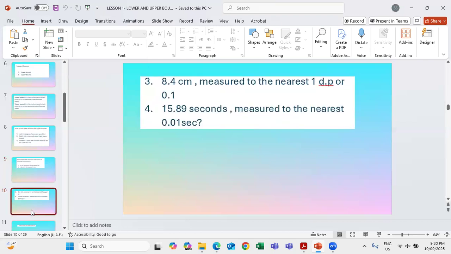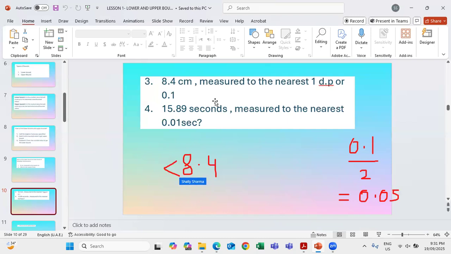Now let's try the next set of questions. 8.4 centimeters. See, accuracy can be given to decimal places also. 8.4 centimeters is measured to the nearest one decimal place, or you can say nearest 0.1. So that is the one decimal place, 0.1. Again, I will do half of this, 0.1 divided by 2, which is 0.05. And then we have 8.4 centimeters.